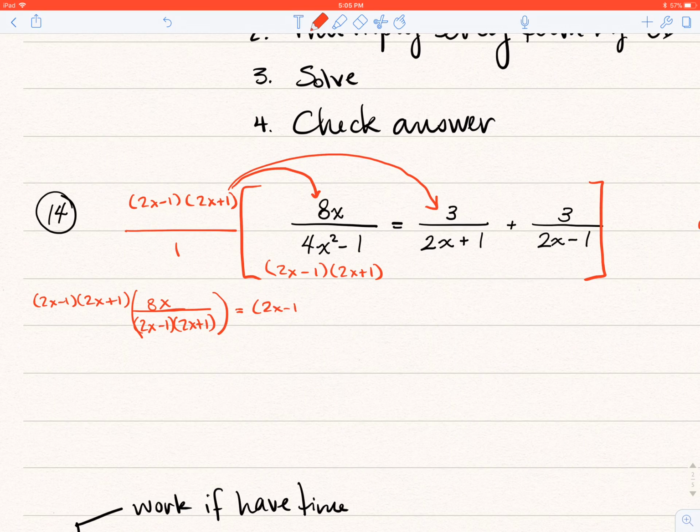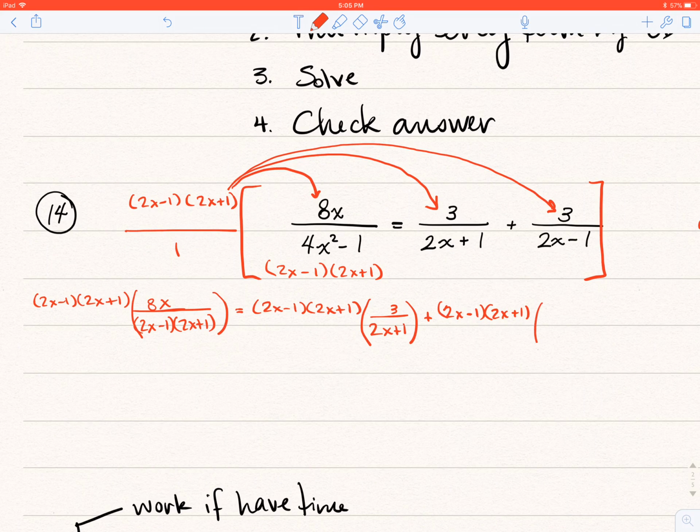So you have 2x minus 1 times 2x plus 1 times the fraction 3 over 2x plus 1. Then lastly, take that and pass it to the last fraction. So you have a plus sign in between these two. 2x minus 1 times 2x plus 1 times the fraction 3 over 2x minus 1.